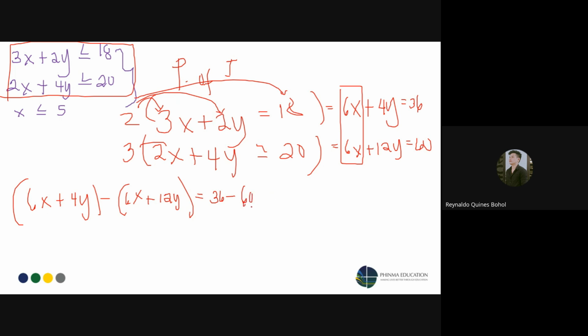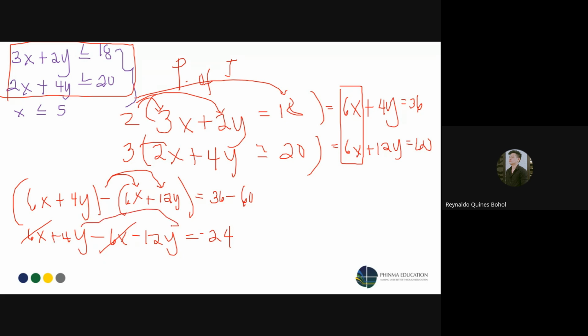Okay, just follow the order, ha? Always follow the order of the equation. So ito, i-multiply natin yung negative sa inside equation. So 6x plus 4y minus 6x minus 12y equals 36 minus 60 is negative 24. So 6x minus 6x is cancel.